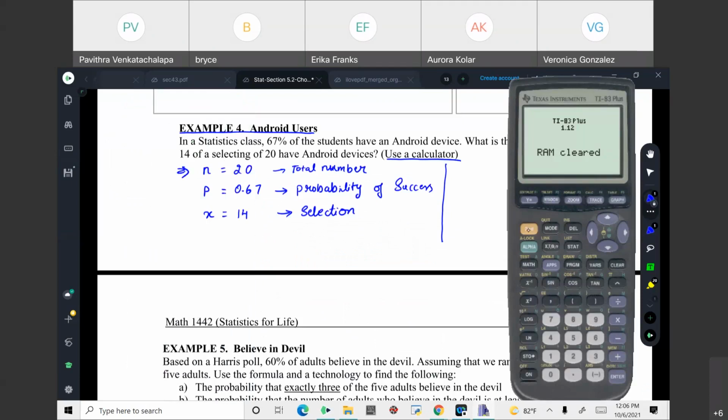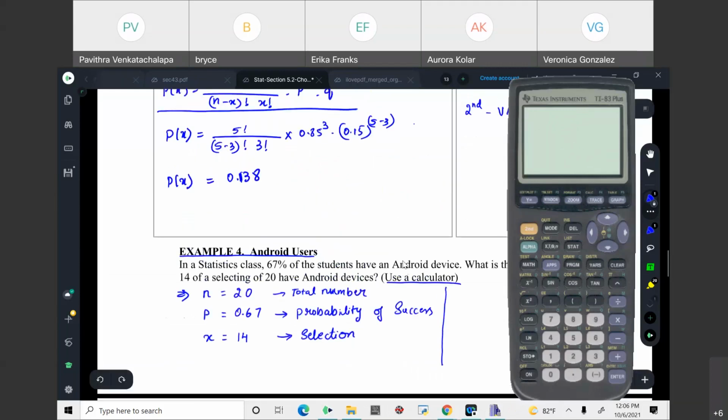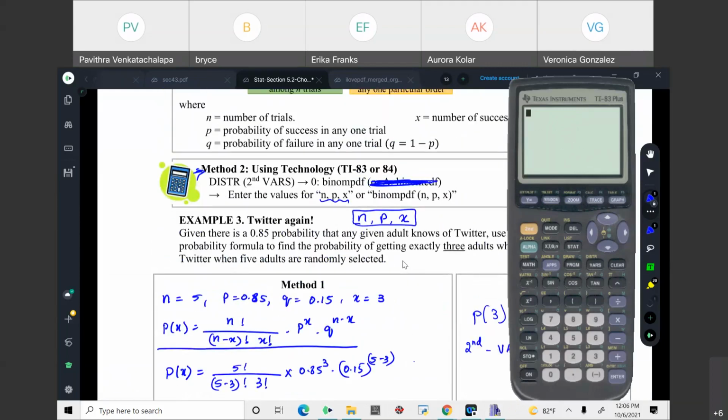Second, DISTR, and then go to 0. Choose 0 here and enter.